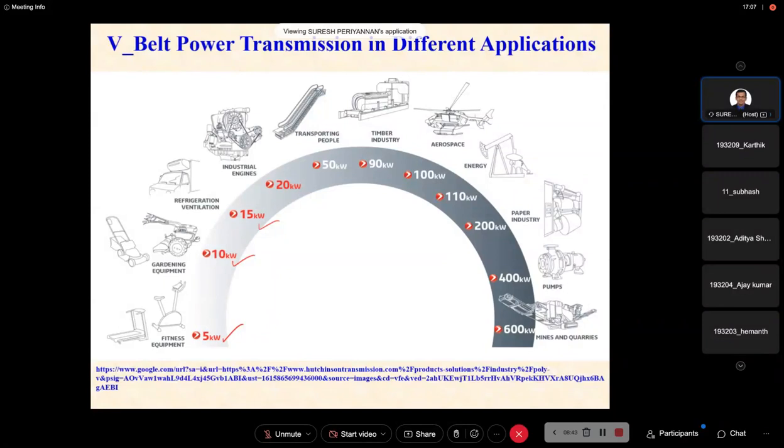For transporting people, as you might have seen in a railway station, we are using 50 kilowatt. In the timber industry 90 kilowatt, aerospace industry 100 kilowatt, paper industry 200 kilowatt, and in mines and quarries we are using V belt for 600 kilowatt power transmission.